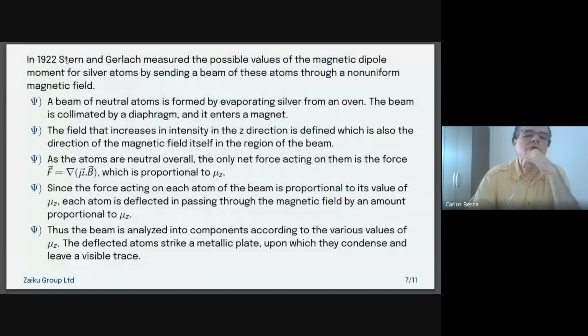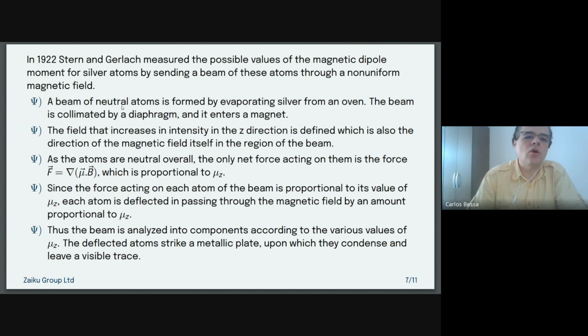In 22, Stern and Gerlach measured the possible values of the magnetic dipole moment for silver atoms by sending a beam of these atoms through a non-uniform magnetic field. That's describing that picture. So it's just a summary of the experiment.